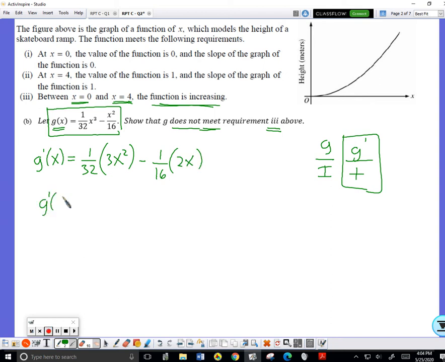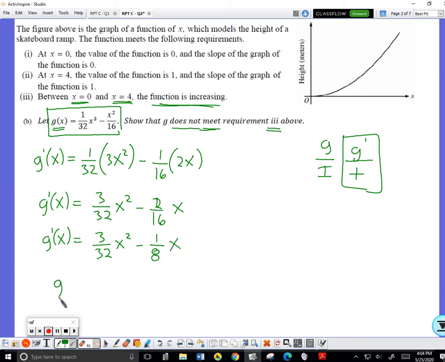So g prime of x is equal to 3 over 32 x squared minus 1 over 16, 2 over 16 times x, which means g prime of x is equal to 3 over 32 x squared minus 1 over 8 times x.